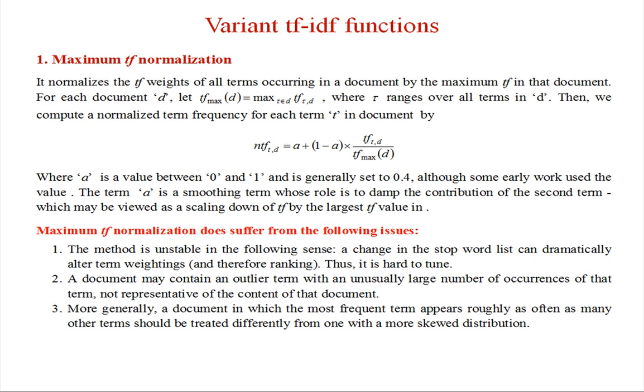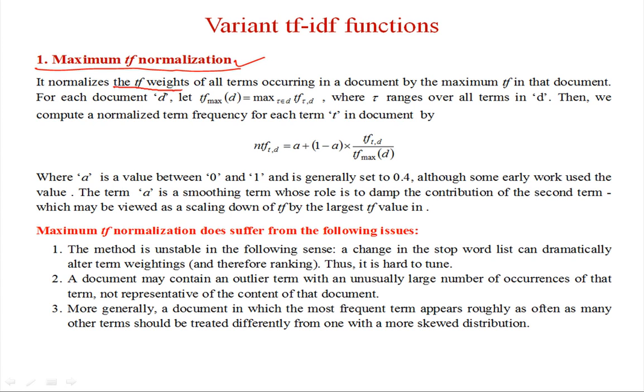Now the variants of TF-IDF based functions. First is the maximum TF, term frequency normalization. In this case, we normalize the term frequency in any document d by dividing by the frequency of the most frequent word in that document.